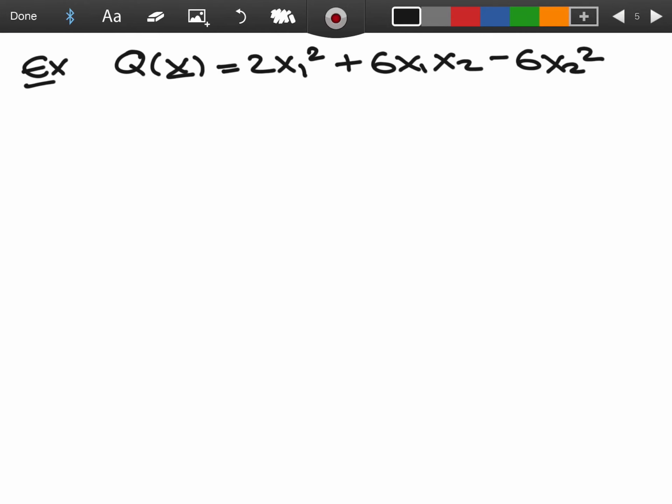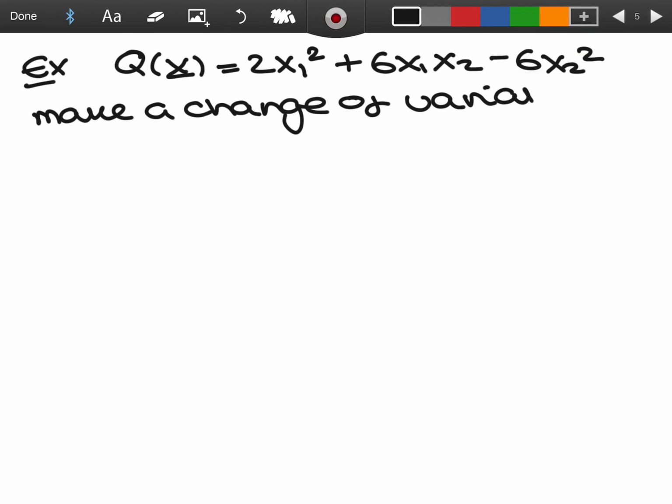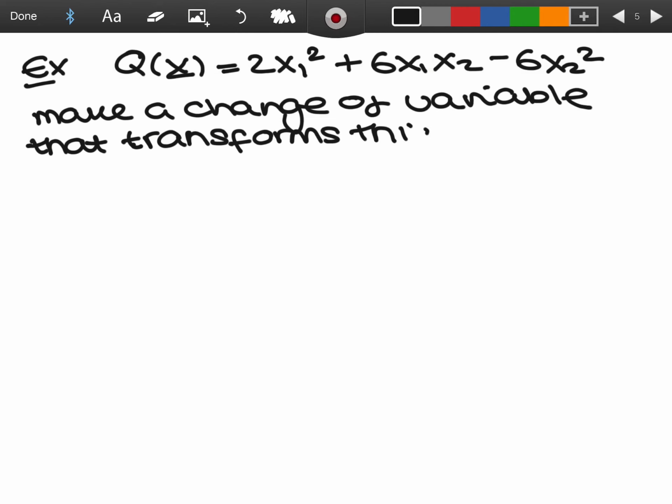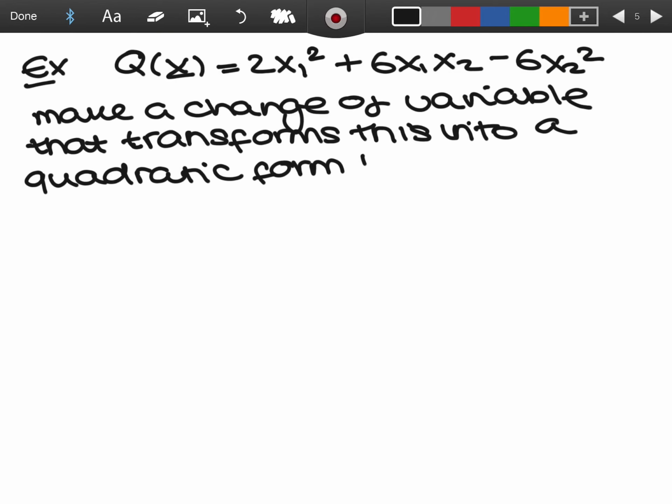And I want to make a change of variable that transforms this into a quadratic form with no cross product terms.